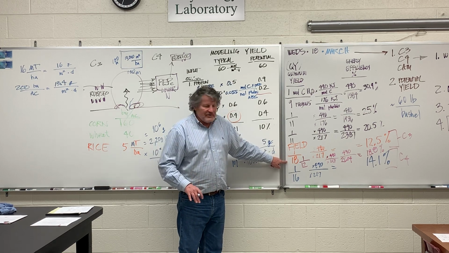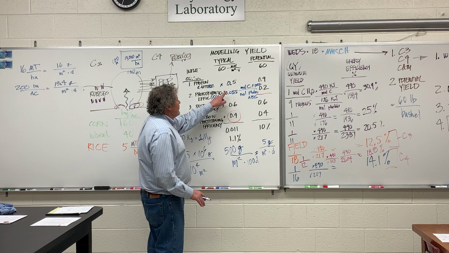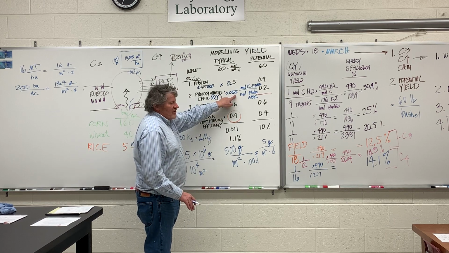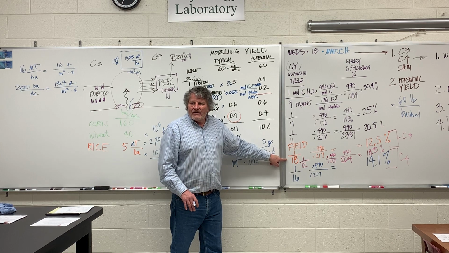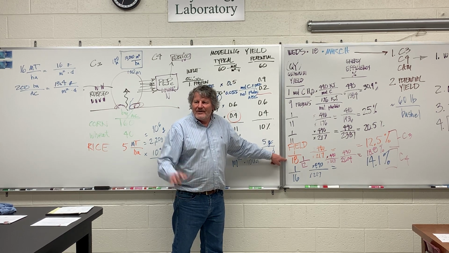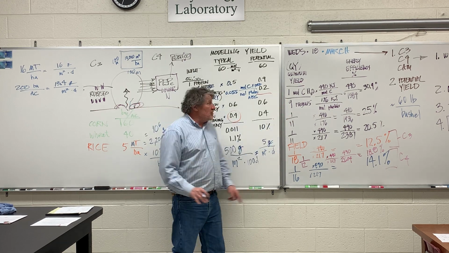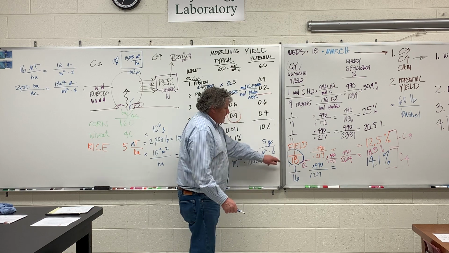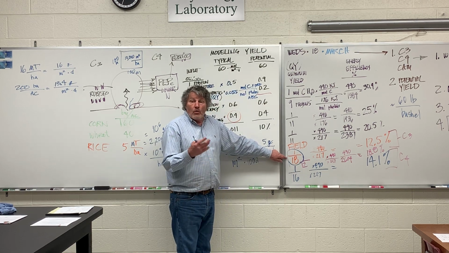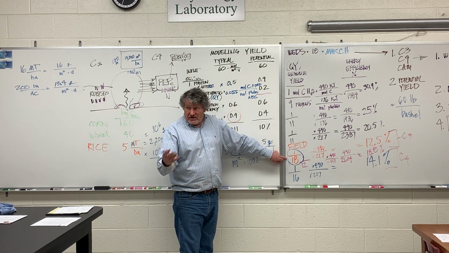Ben, do you have your calculator? Do 1 over 0.055. I think it might be this number right here. 1 divided by 0.055. 18.18. Okay, pretty close. This is about the quantum yield of 1 over 18, or the quantum requirement of 18.